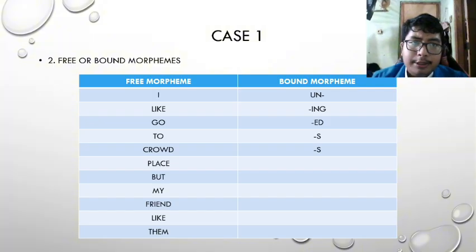Case 2. Free or bound morphemes. For free morphemes, there are I, like, go, to, crowd, place, but, my, friend, like, them. And for the bound morphemes are un, ing, ed, and s.